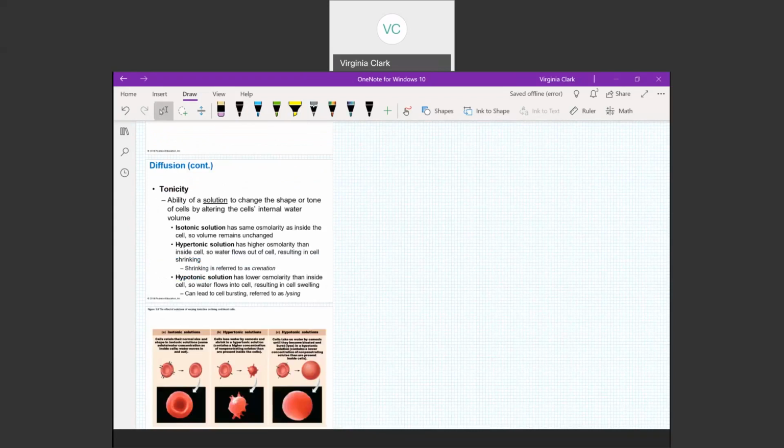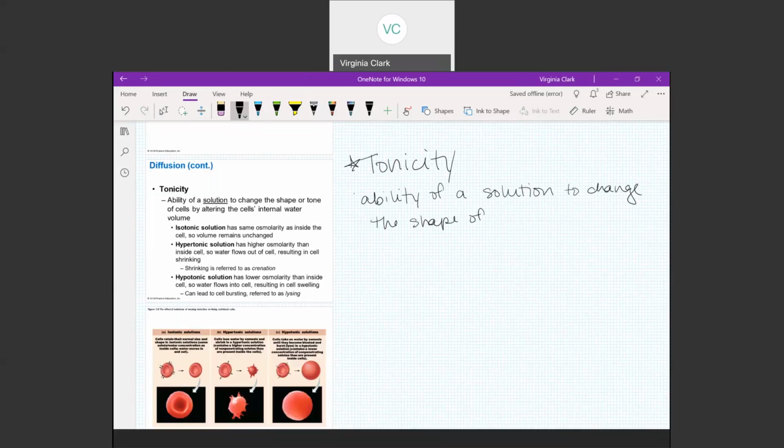So what we're going to talk about with this is something called tonicity. With tonicity, we're talking about the ability of a solution to change the shape of a cell by changing the volume of water.